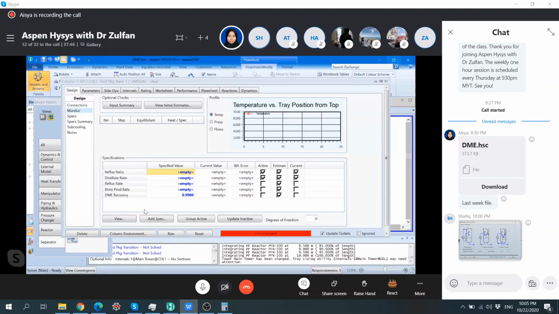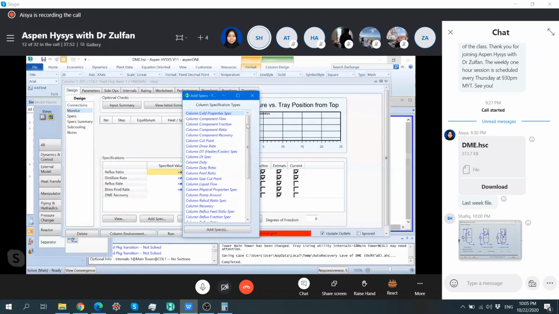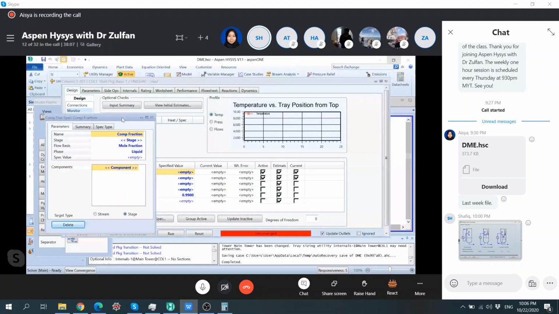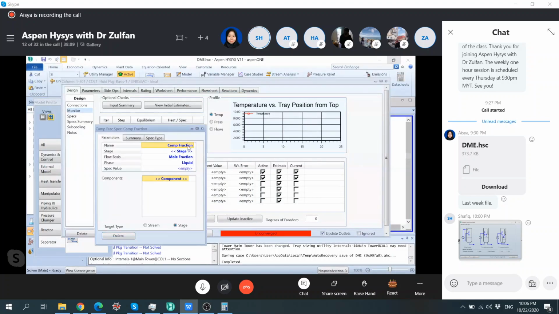Yeah. And then you could also click another one, add spec, because we know that we want to have the DME purity. So DME purity is then what do you think? Yeah, component fraction. Add spec, and then you can rename it like DME purity.